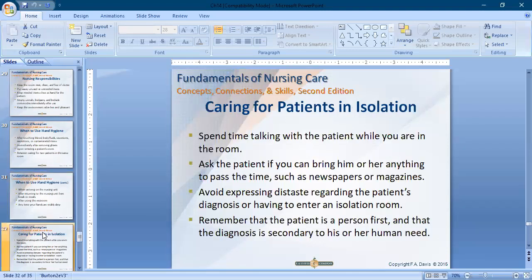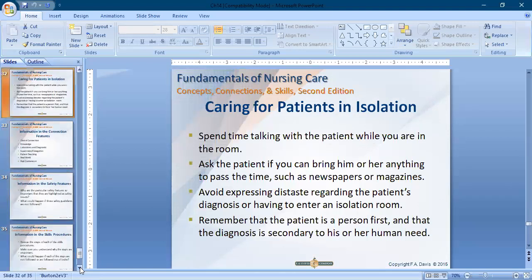Now go for caring for patients who are isolated, right? Caring for the patient in isolation, spend time with the patient while you are in the room.